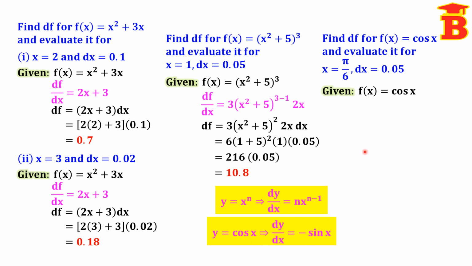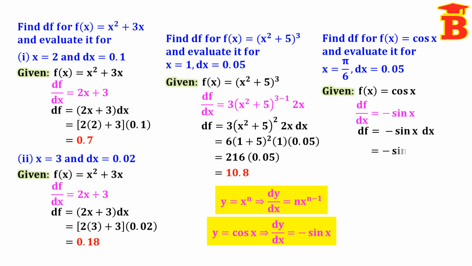So using that formula, here df by dx equal to minus sin x. Just cross multiply this dx. So we get the differential df equal to minus sin x into dx.